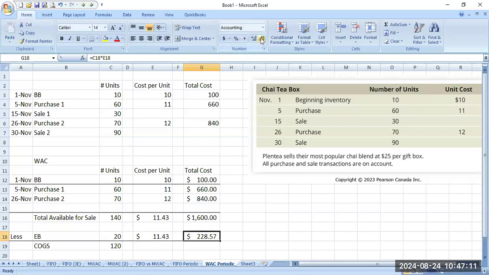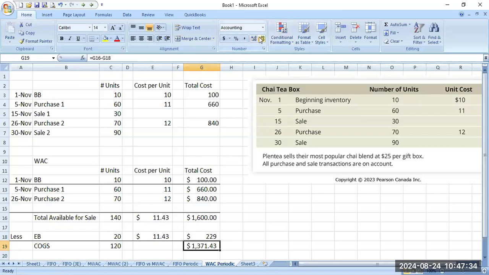And if you have to round it to no decimals, no numbers after the decimals, it will be 229. Our cost of goods sold will simply be available minus the ending inventory. It's going to be that much.